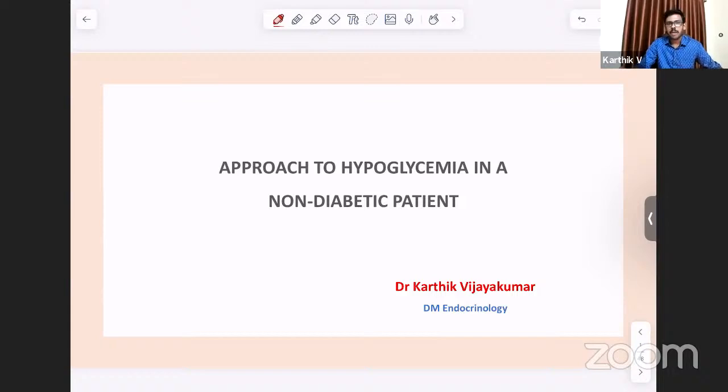But many a time, a patient would come to your OPD or get admitted with non-specific symptoms like fatigue, palpitation, history of loss of consciousness, and you may suspect hypoglycemia as the cause. When I was a medicine resident, this was one area where I had absolutely no idea. I would send off some random serum insulin and C peptide, and I really had no idea how to interpret, when to send, and how to proceed with a case of hypoglycemia.